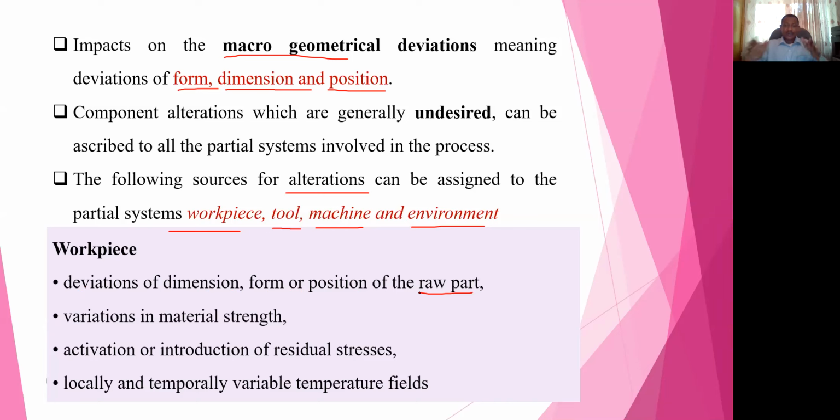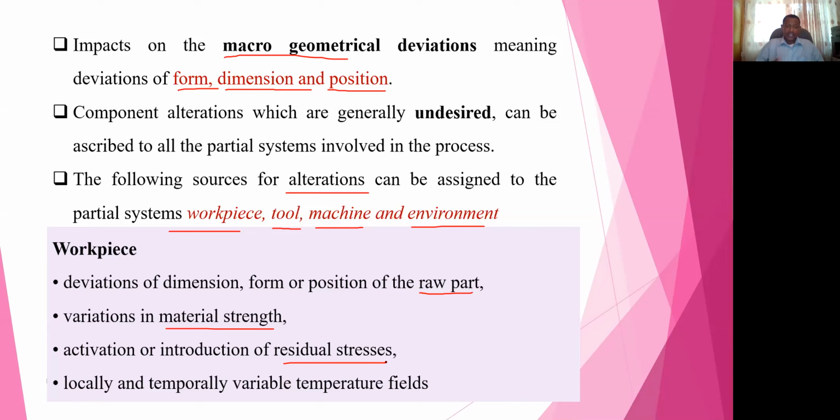Okay. The accuracy level of hard machining depends upon the quality of the raw part, the workpiece material. The variation in material strength, the strength level of your material, the introduction of residual stresses in the raw material which you bring to hard machining, whether it has more residual stress or less residual stress, will affect what?